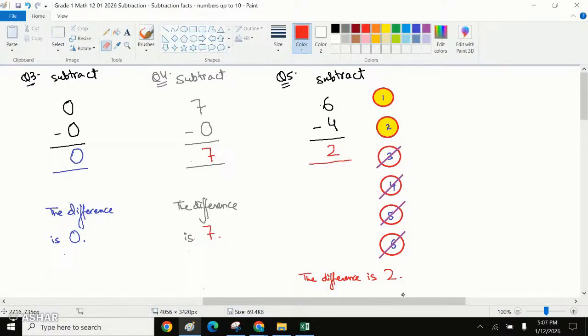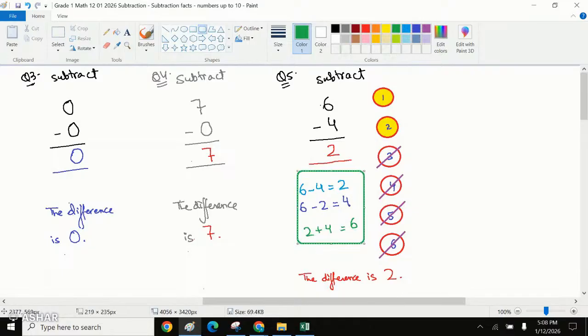Or can I write a fact statement that if 6 minus 4 was 2, can I say the opposite of it? 6 minus 2 should be 4. Agreed? It's the same thing. If you subtract 4 from 6, you get 2 as your answer. And if you subtract 2 from 6, you get 4 as your answer. And we can also say that if you add the smaller two numbers, 2 plus 4 would always be equal to 6, right?